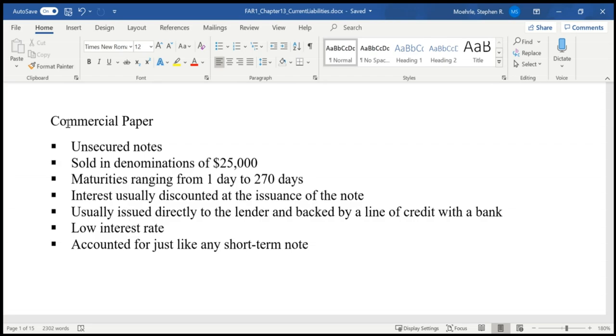The lender will send them something less than 1,000, and the company must pay them back 1,000, and that is how the interest will occur. These are usually issued directly to the lender, and they are backed by a line of credit with a bank. They're very low interest rate, and they're accounted for just like any short-term note. You'll see that later in this chapter, this module.